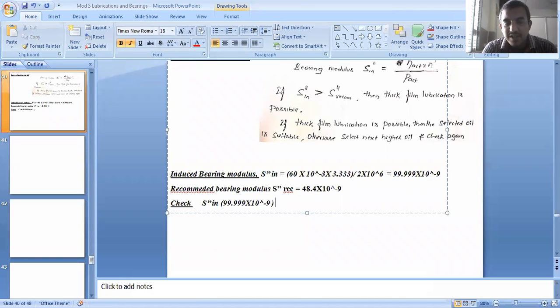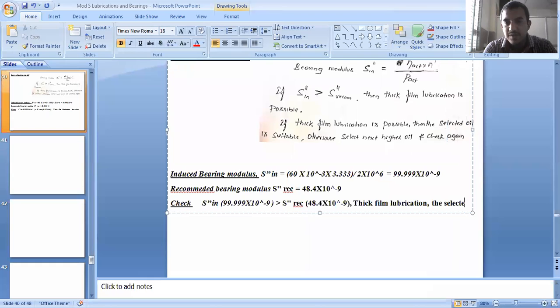The condition for check: the induced bearing modulus should be greater than the recommended bearing modulus. Then what type of lubrication method will you get? A thick film lubrication. So what is the answer?